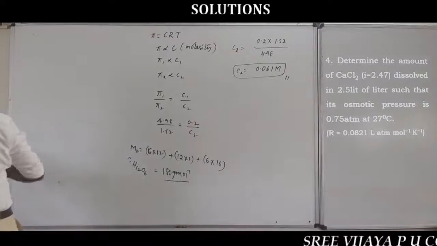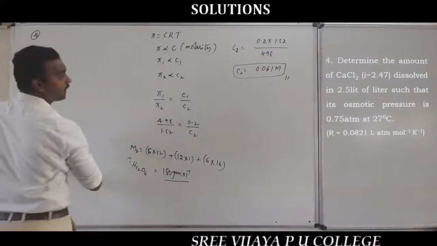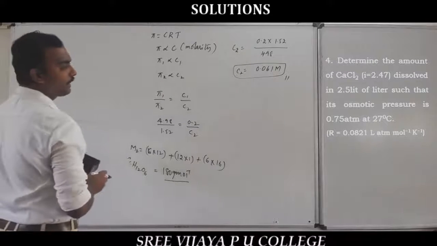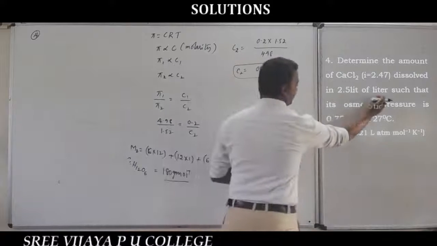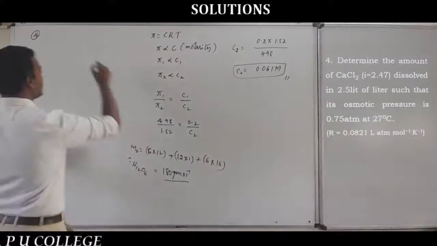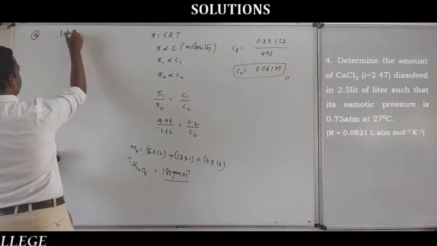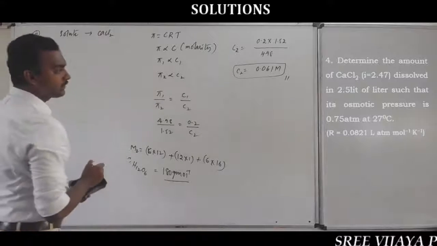So identify the solute and solvent. In the given problem 4, the amount of calcium chloride is dissolved in 2.5 liter of solution. Here the solute is calcium chloride, CaCl2. And they have also given the i value.